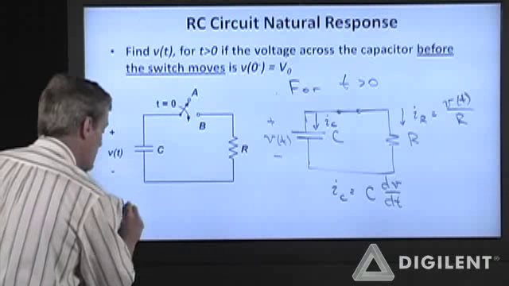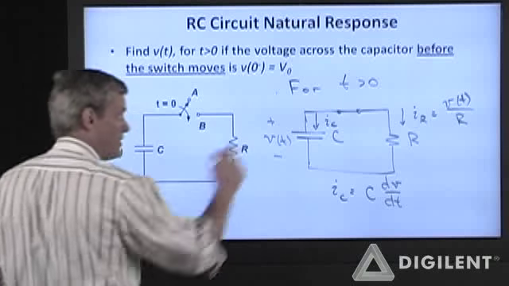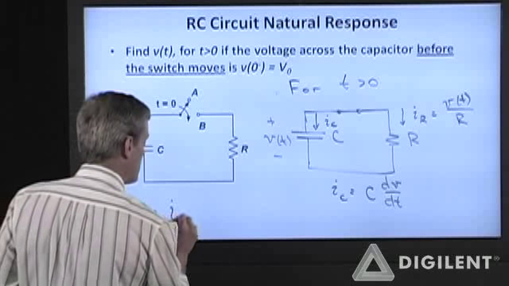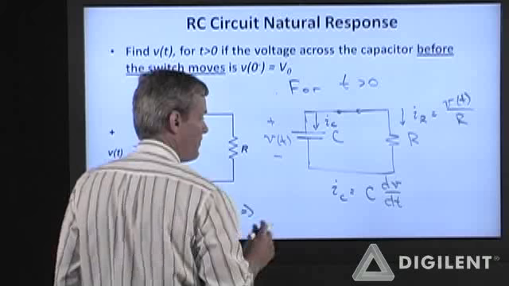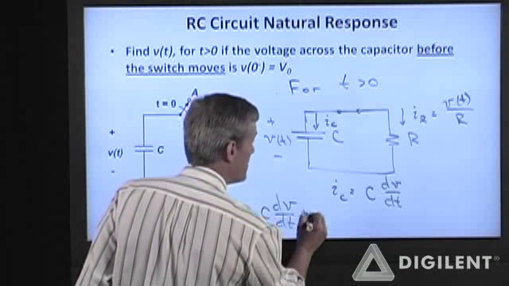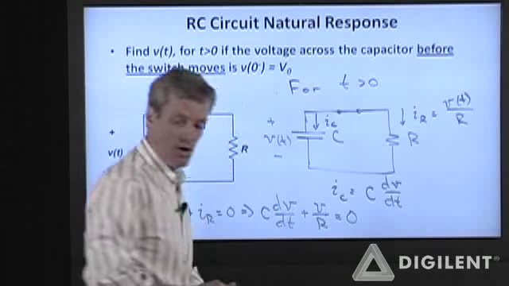If I do KCL at this upper terminal, I say that I sub C plus I sub R is equal to 0. Therefore, C dV by dt plus V over R is equal to 0.